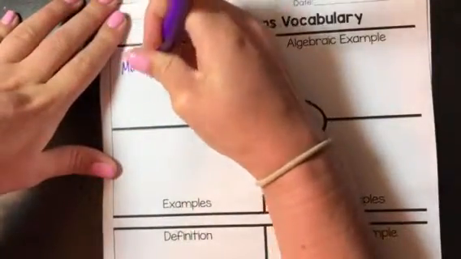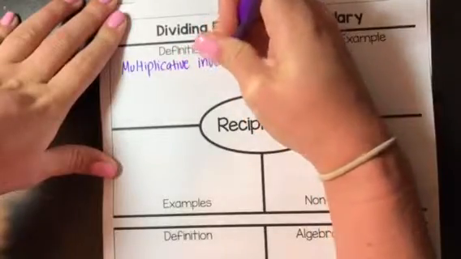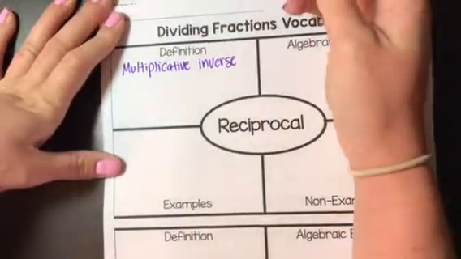In math, a reciprocal means the multiplicative inverse. That sounds crazy.